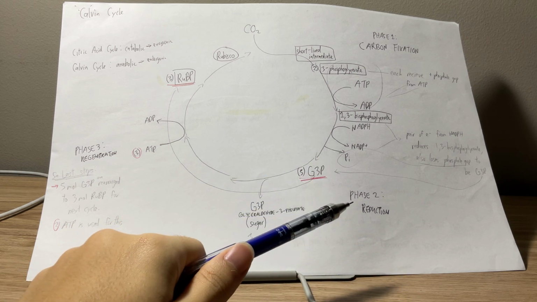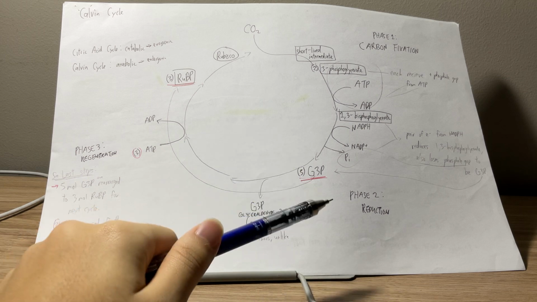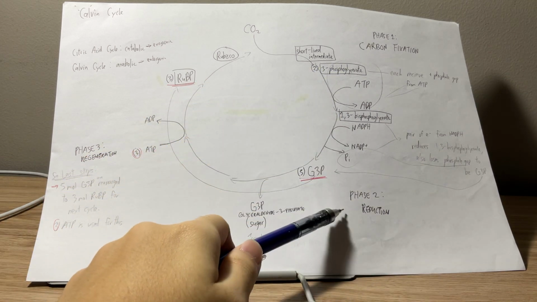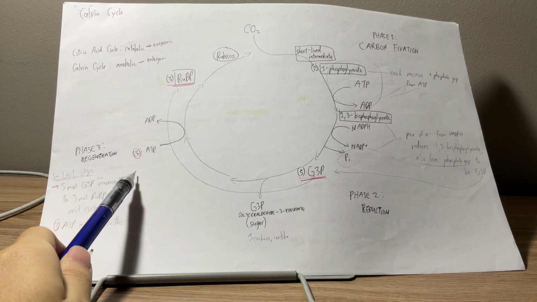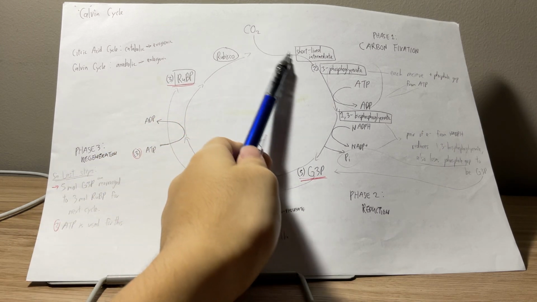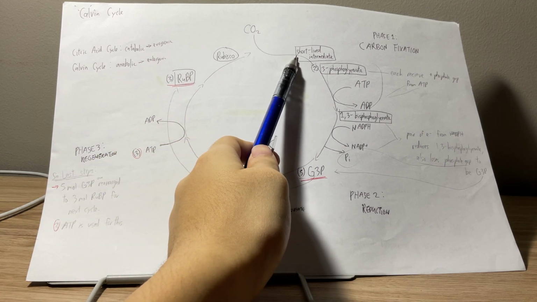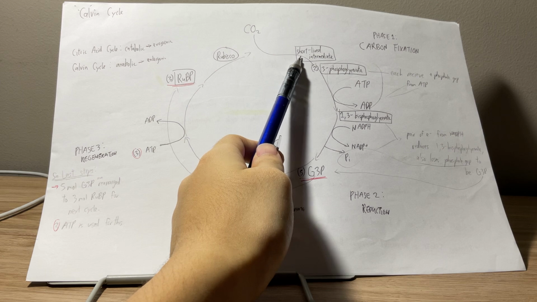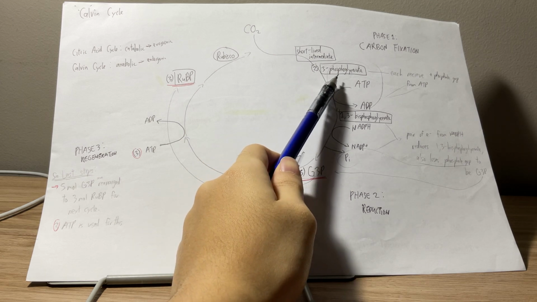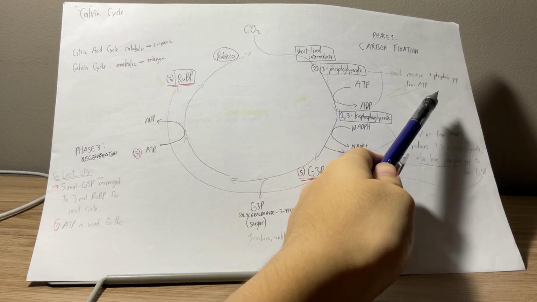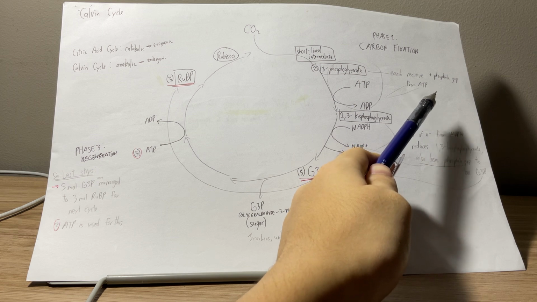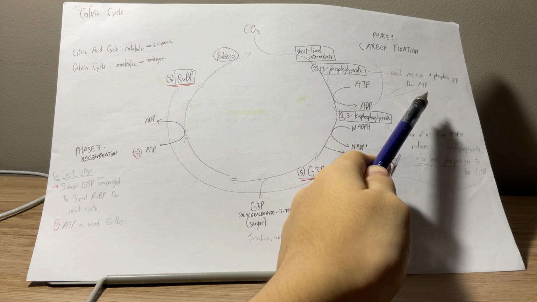The Calvin cycle has three phases: carbon fixation, reduction, and regeneration. Coming from CO2, we have a short-lived intermediate, 3-phosphoglycerate. Each receives an additional phosphate group from ATP.